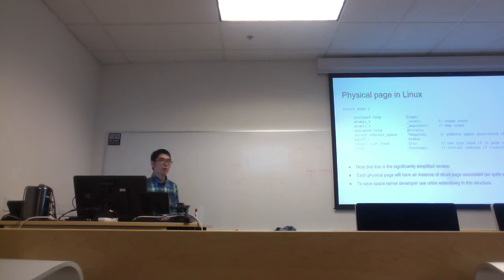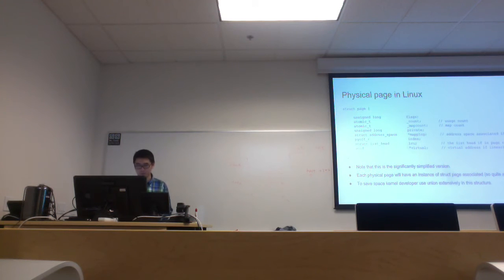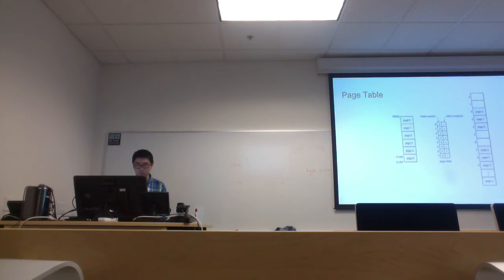And that's the topic you need to resolve in project 3. Okay, so we mentioned previously how to map virtual pages to physical pages using page tables. A page table is basically an array.